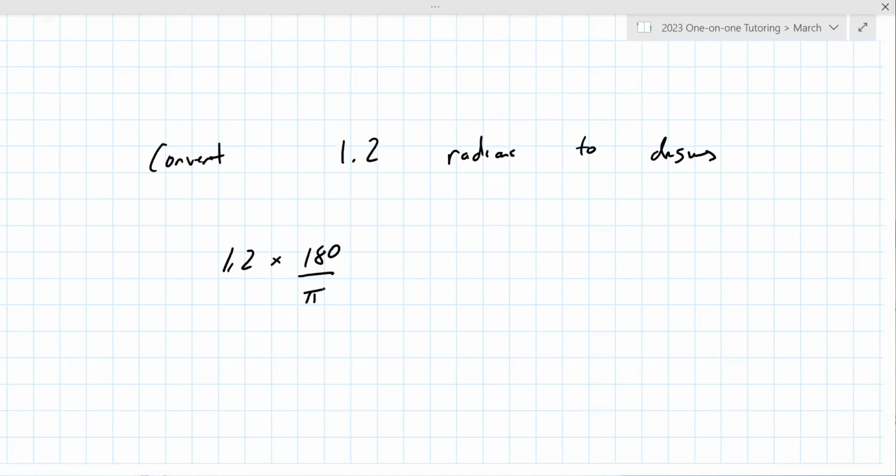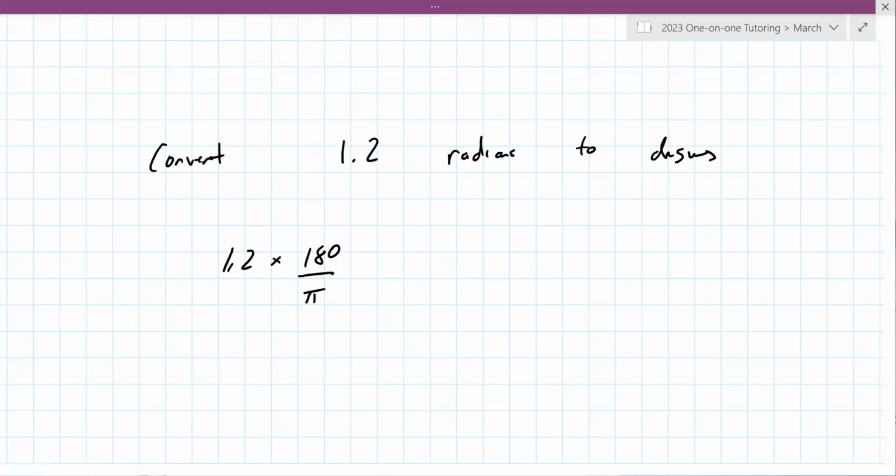1.2 times 180 over pi. Shoot, I don't know, I messed up one part on this.